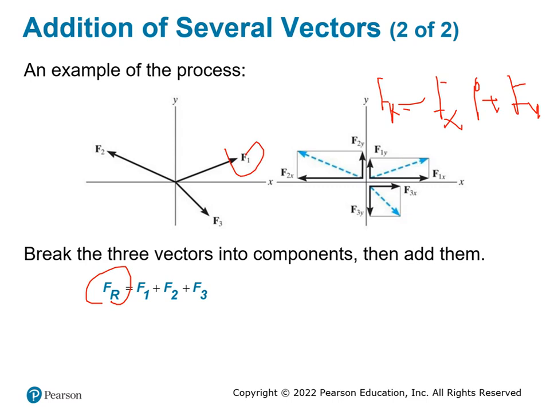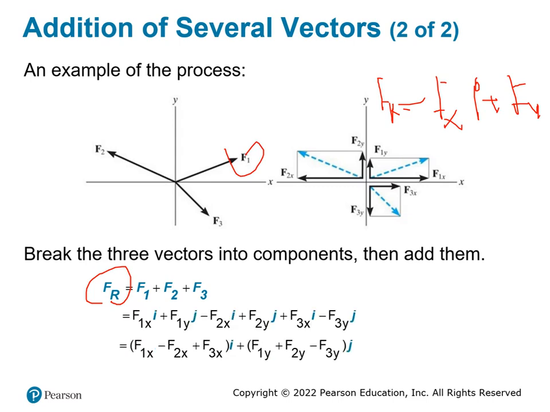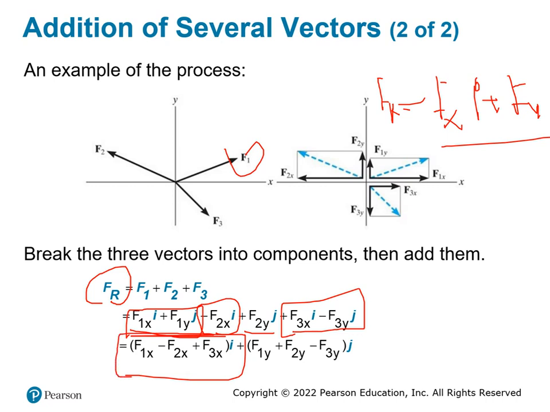We can represent F1 in terms of F1x i, that's this format, and F1y j. And we know F2x is in the negative direction, so F2x and F2y. Then similarly we have the third. So now we get all the horizontal components and the direction, and all the vertical components and the direction. So this is how we add the forces.